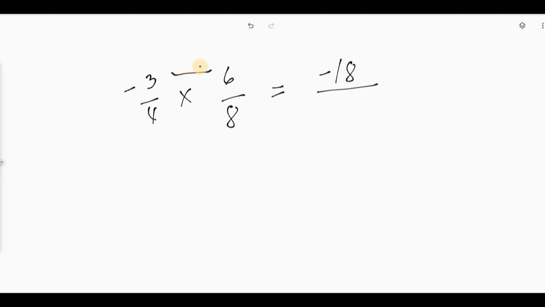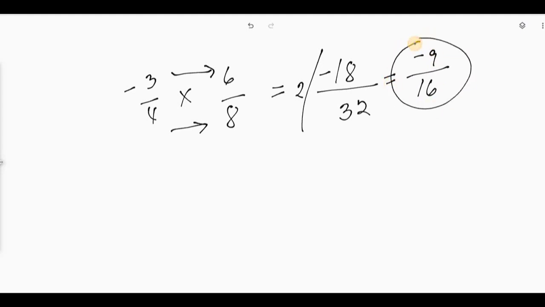Okay, multiply natin. 4 times 8, we have 32. So, itong dalawa, pwede natin i-divide ng 2. Divisible by 2 yan silang dalawa. So, 18 divided by 2, we have negative 9. 32 divided by 2, we have 16. So, dito, wala nang ibang number na pwede mag-divide sa kanila maliban sa 1. So, that's the final answer.